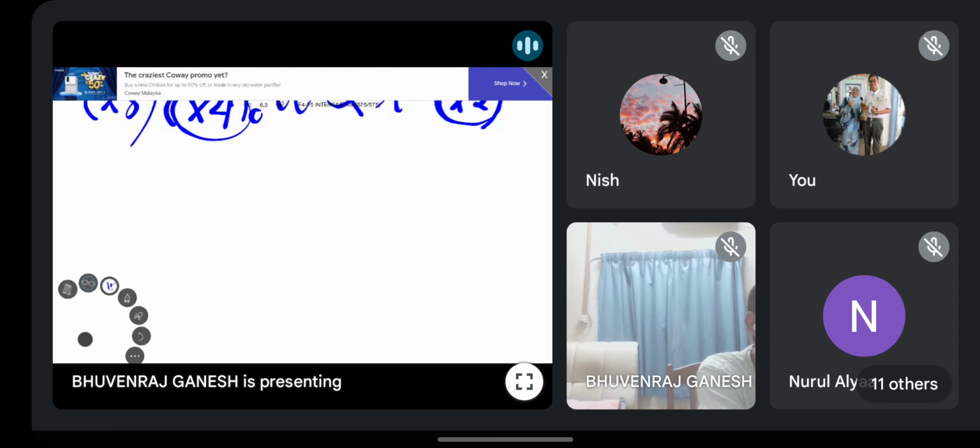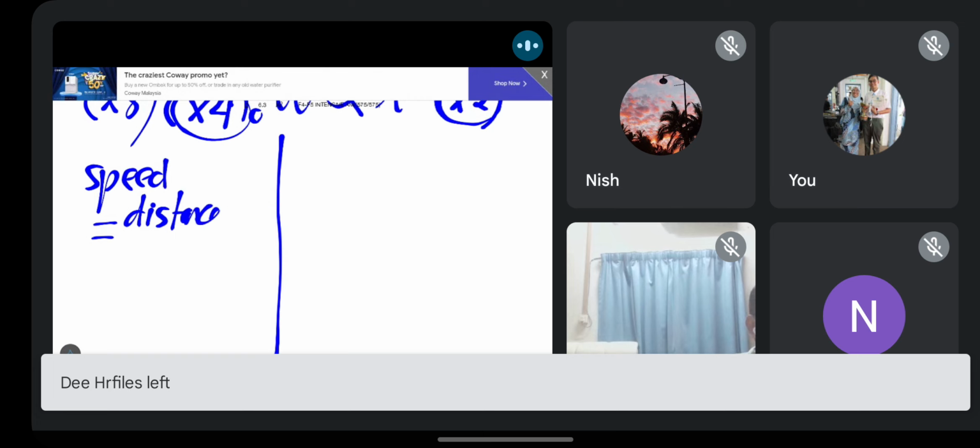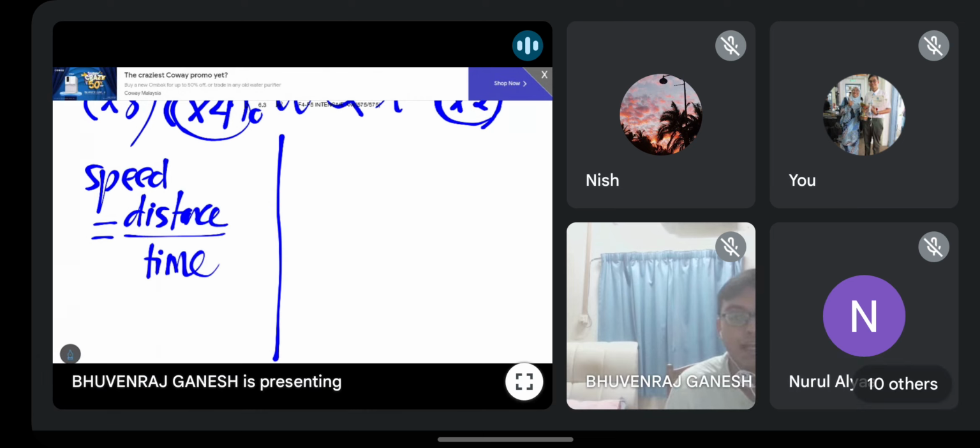Okay? Maybe I can try out with something more relatable to you lah. Let me think of a formula. Guys, you all learn this formula, right? Speed equal to distance bahagi time. Laju sama dengan jarak bahagi masa. Correct? So guys, let's say I increase the distance by 2 times. Saya tingkatkan jarak saya 2 kali.